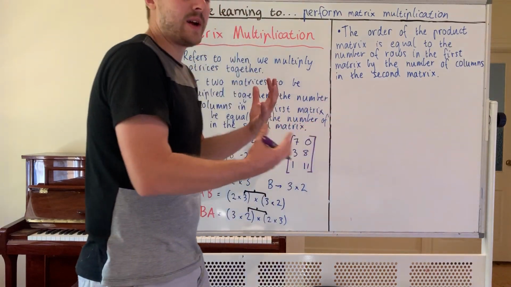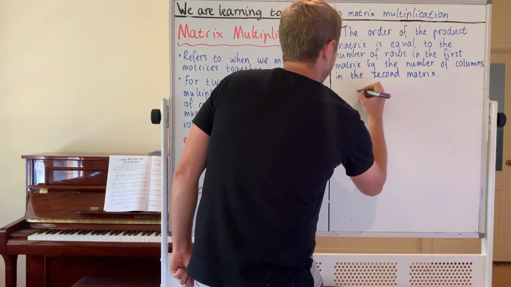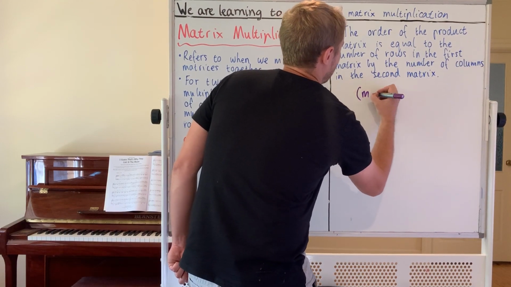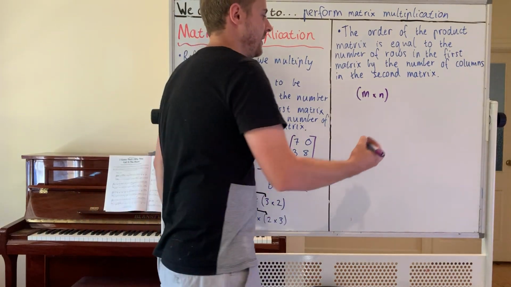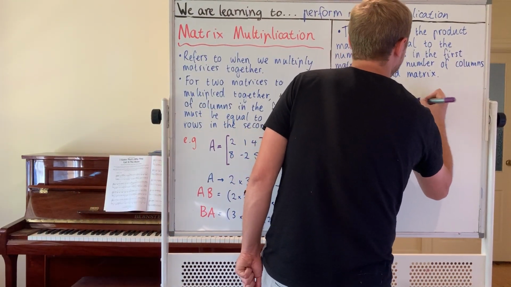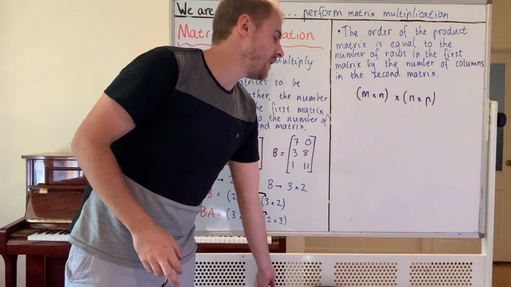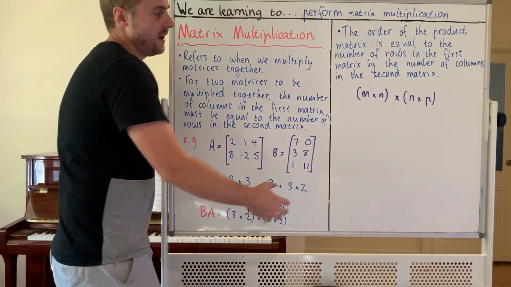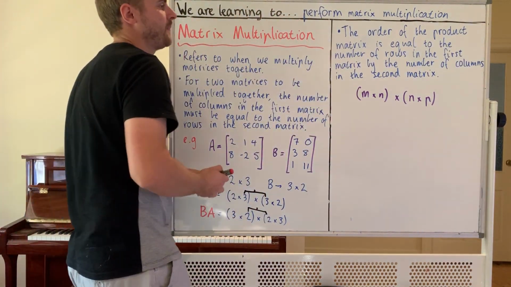As a general algebraic way to represent this, say we had a matrix of order m by n, so this could represent any order, multiplied by another matrix with an order of n by p. Pretend they're numbers. The two in the centre are the same.